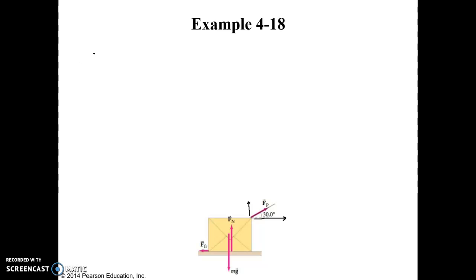So if we sum the forces in the y direction, in the vertical direction, the forces that are present are mg, that's in the downward direction, plus Fn, the normal force going up, plus the vertical component of this force, which is Fp sine of 30. We use sine of the angle to find the vertical component of a vector.